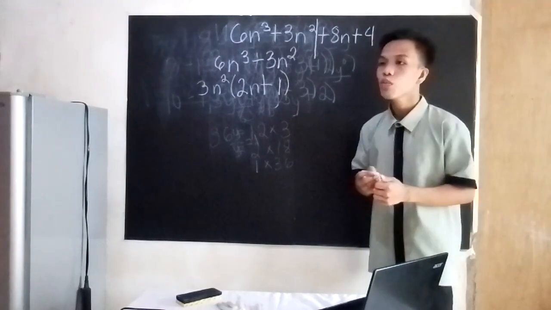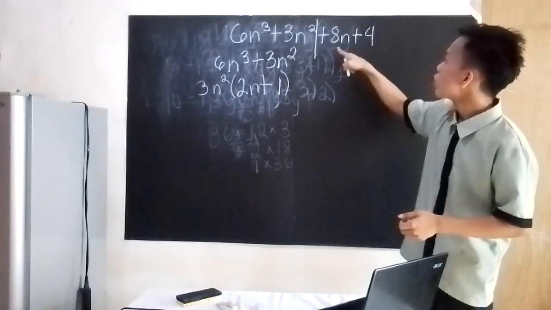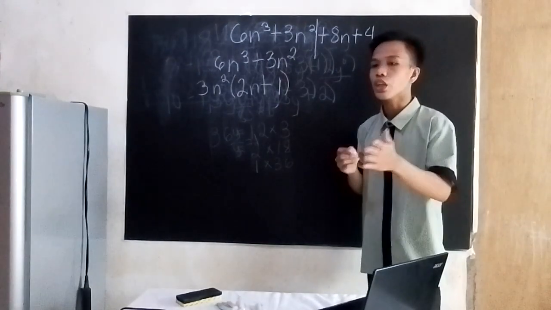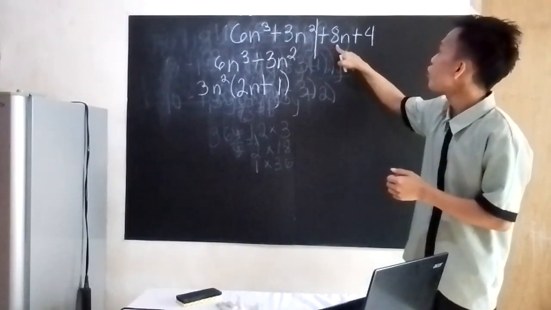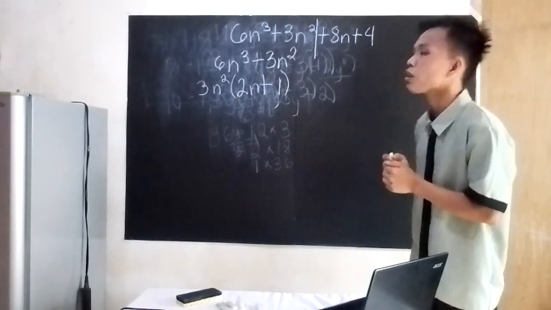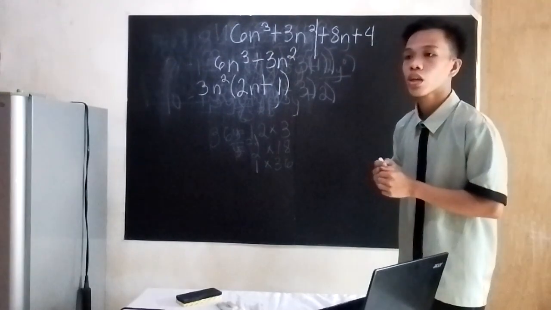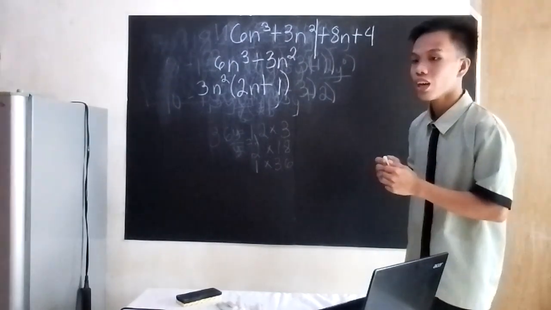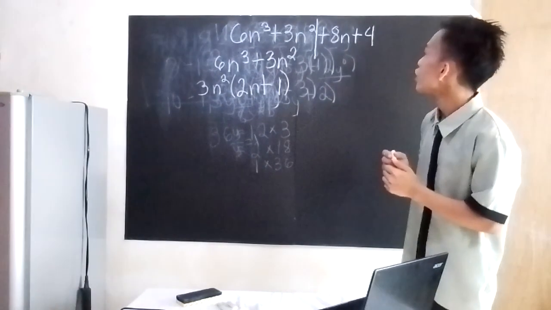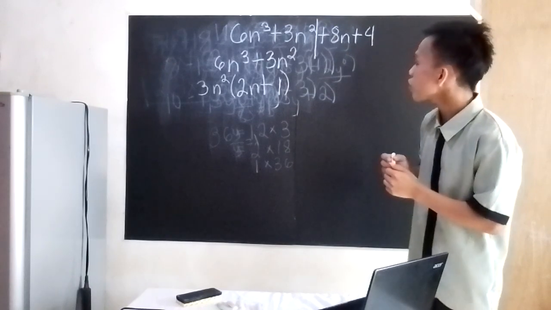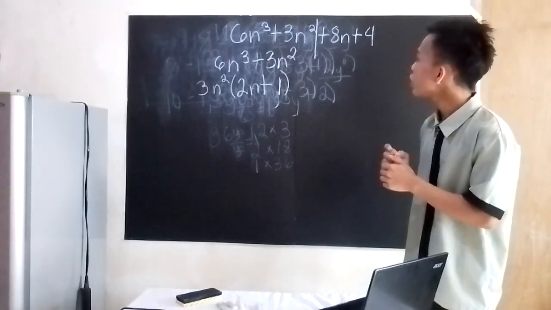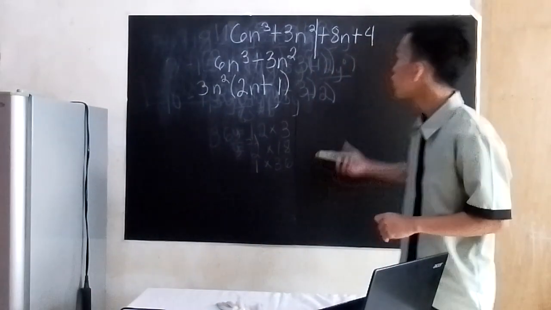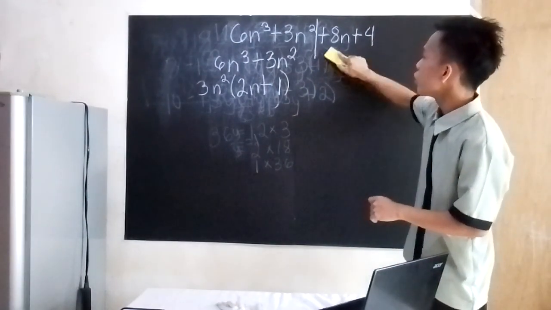So let's move now to the right side. Let's have Angelo. Angelo, what have you observed in 8n plus 4? That's right, we can also perform the GCF in here. Since you said that we can perform the greatest common factor, what is their common?